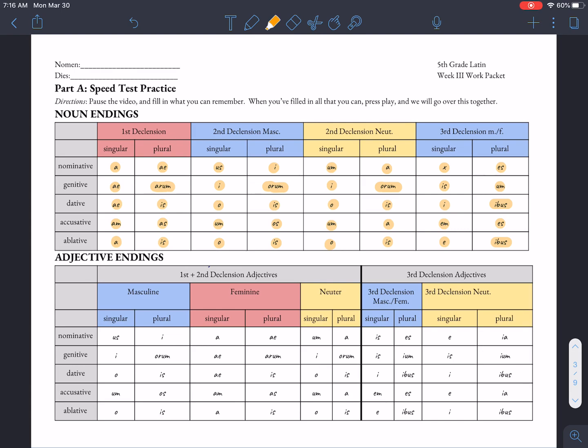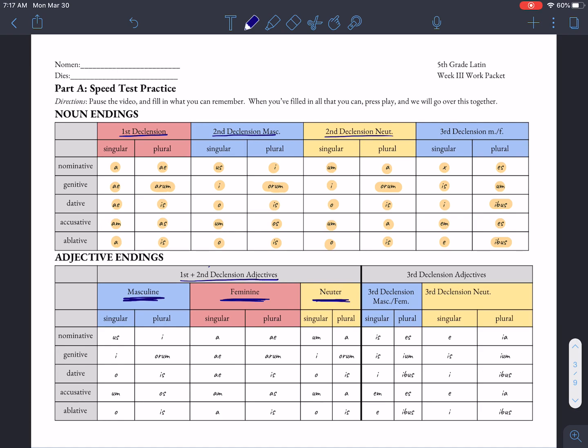Those are our noun endings. Now let's go over our adjective endings. Something I'd like to point out: when I usually give you your noun endings, I list them as first declension, and then second declension. So why would it be that first and second declension adjectives are listed as the second declension masculine endings, the first declension endings and the second declension neuter endings?